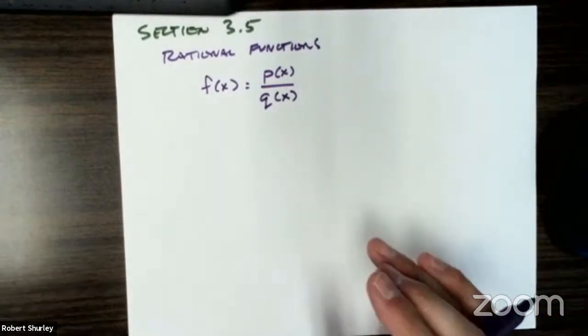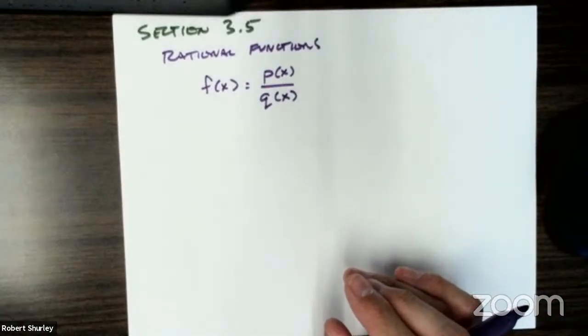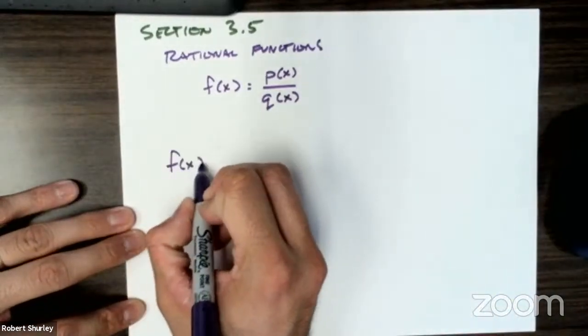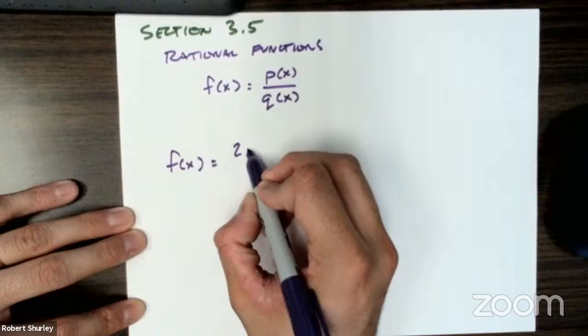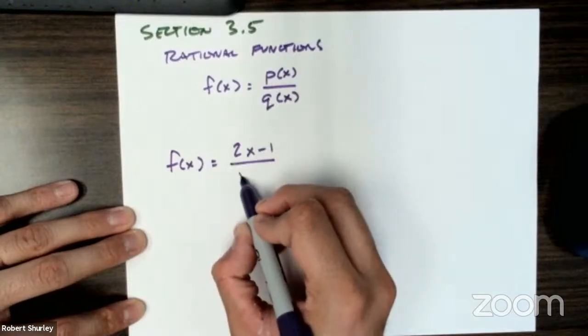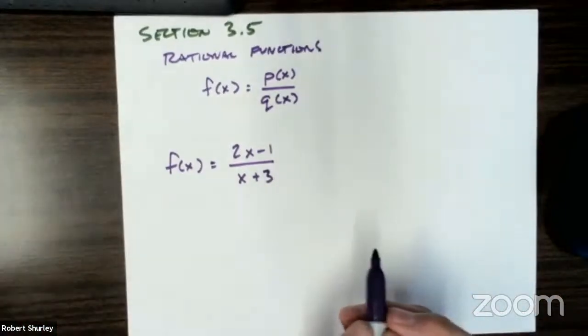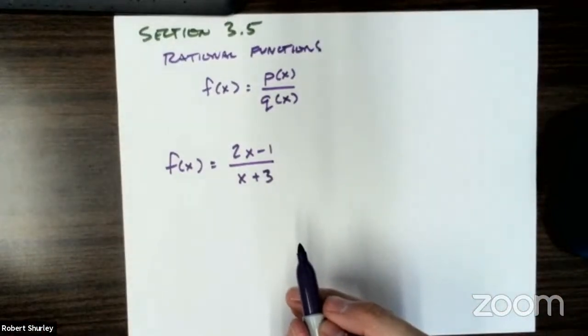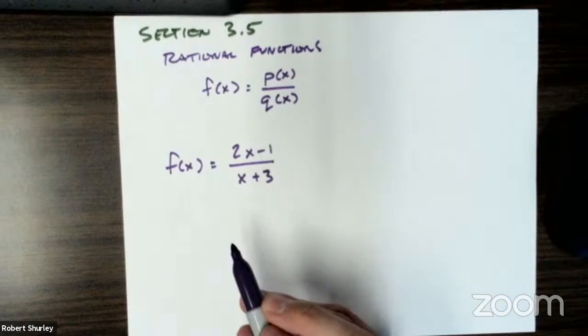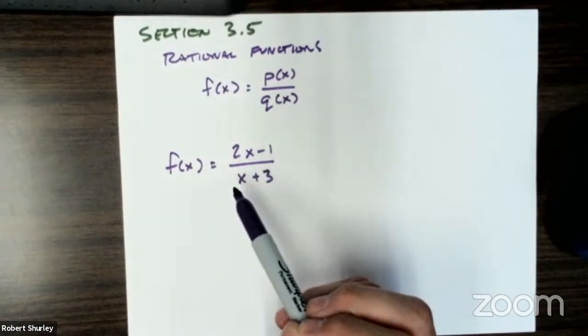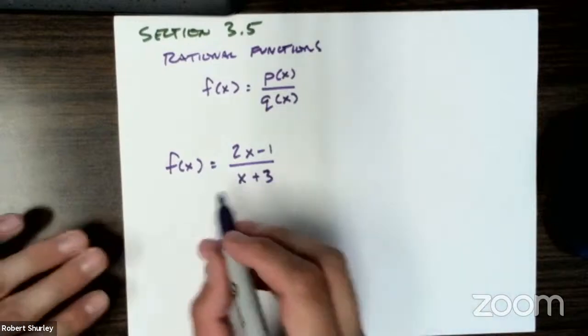There's nothing wrong with that, and we've seen rational functions already. It's not like our first time seeing them. I mean, if I gave you a function like this, f of x equals 2x minus 1 over x plus 3, right? We've seen this already with the domain section in 2.6. And really remember, the domain comes from q of x for this example. So let's just start there.